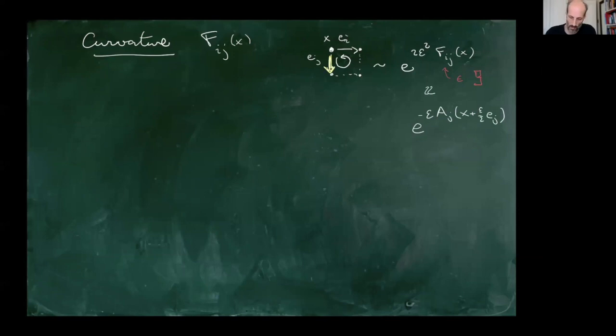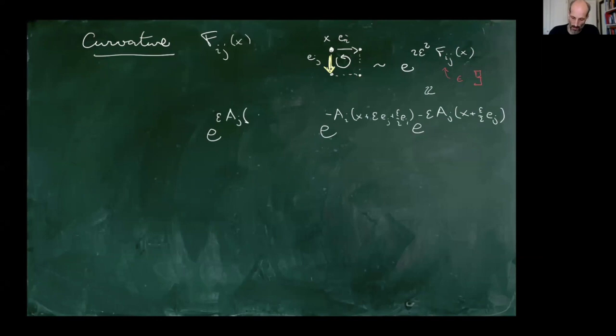Now the second bit of contribution is this one here. That's now e to the minus A_i, but now it's at x plus epsilon e_j plus epsilon over 2 e_i. And then I'm going up again, so now I have a plus epsilon A_j again.